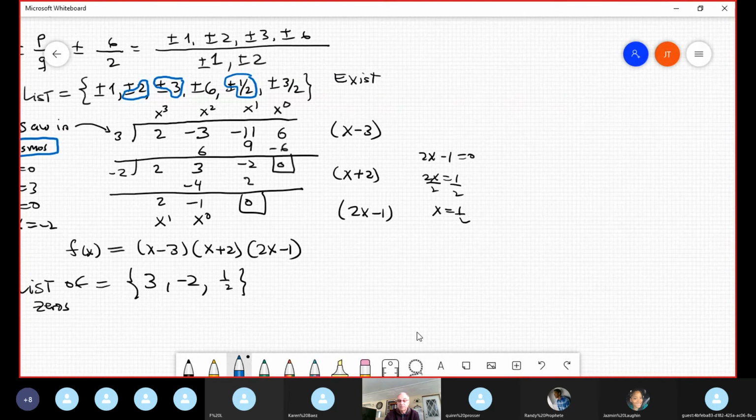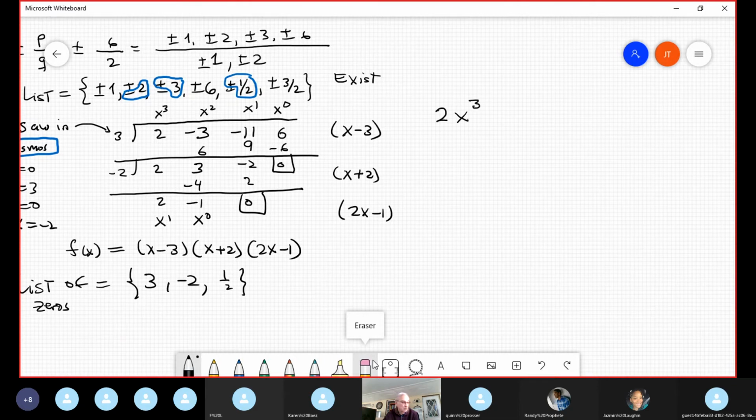Let me erase that part. Just out of curiosity, I want to copy the polynomial. The polynomial is 2x cubed minus 3x squared minus 11x plus 6.